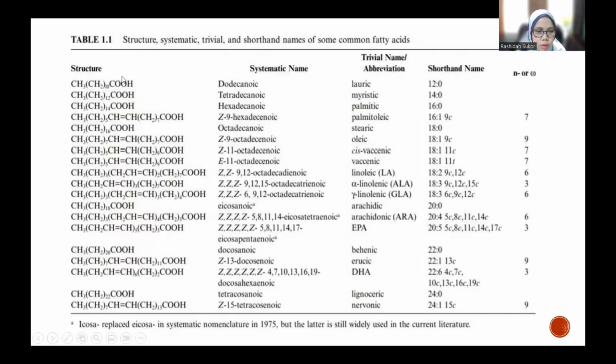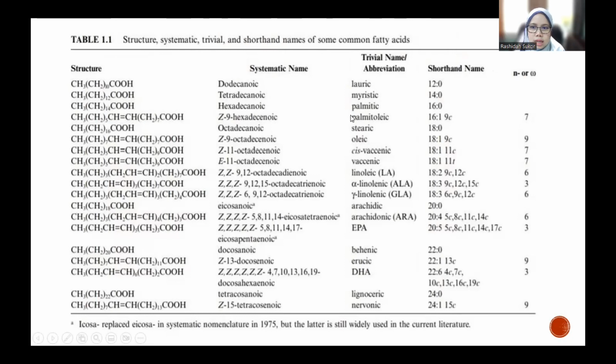This one is the structure, how it is being written: systematic name, trivial name and shorthand name. This column is the number of double bonds. For example, lauric acid is 12:0, which means there is no double bond.